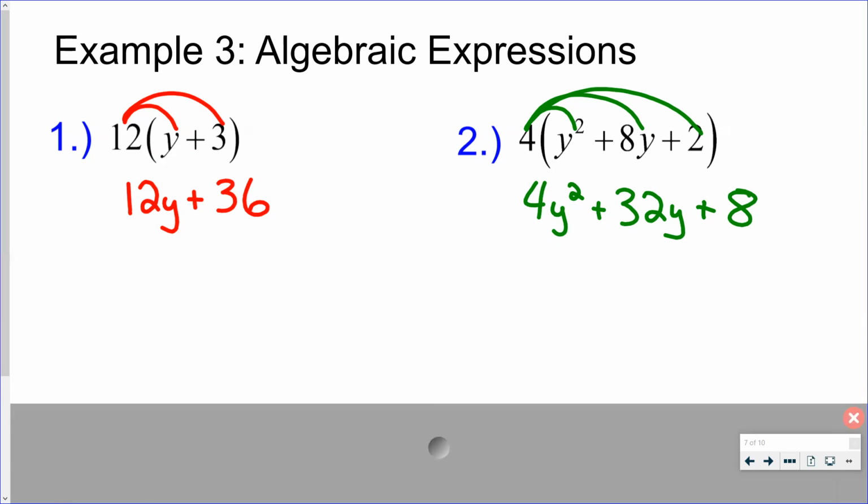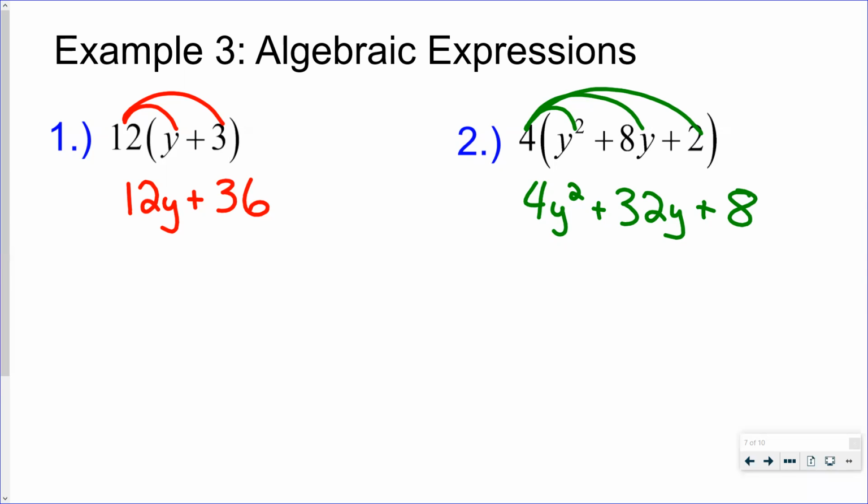Let's do one more. Let's go with 3x minus 4, and on the outside, I'm going to put 10. Like I said in the example with the variables, even though the 10's on the right side, we're still going to distribute because there's no operation between the parentheses and the 10.